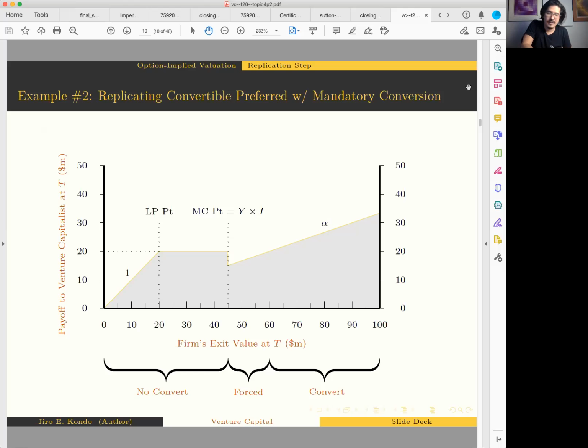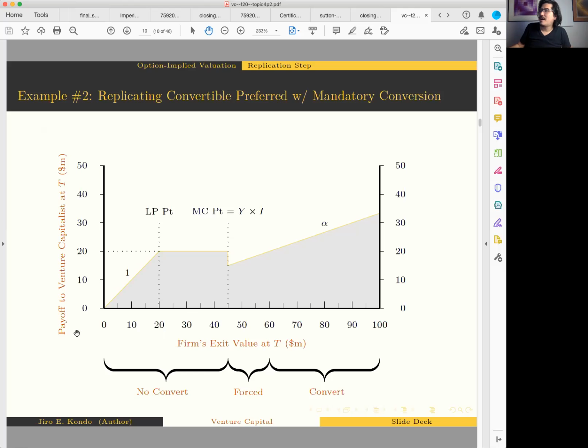The second unit is short 1 unit of call on entire startup with a strike price equal to 20 and T, maturity date, equals to 5 years, because I'm assuming, like a typical Series A, that it's 5 years to exit. I say typical, but maybe I should say the average as opposed to typical.